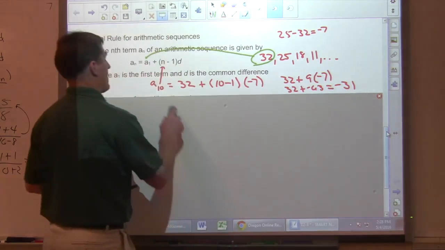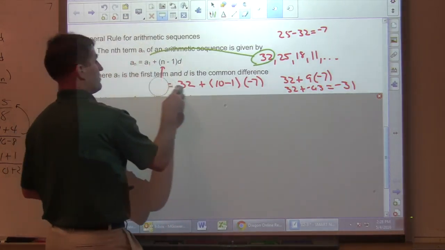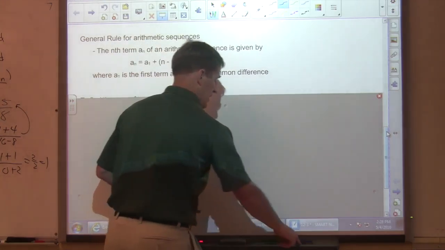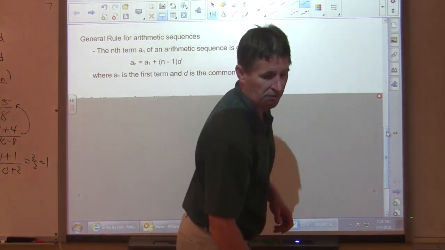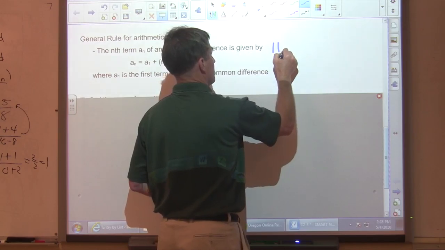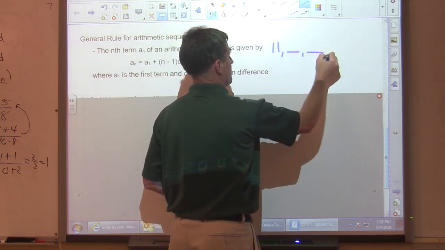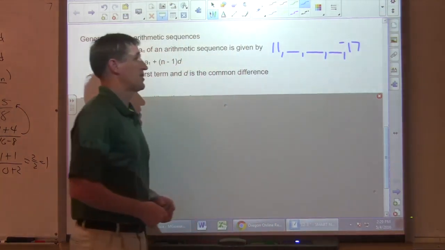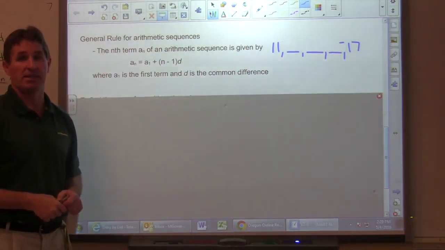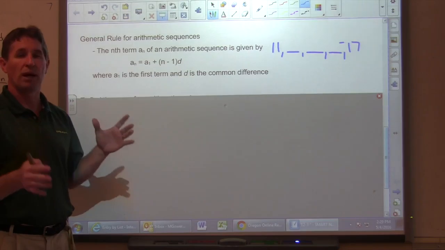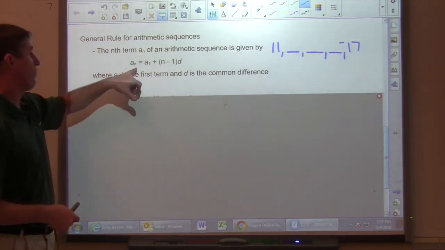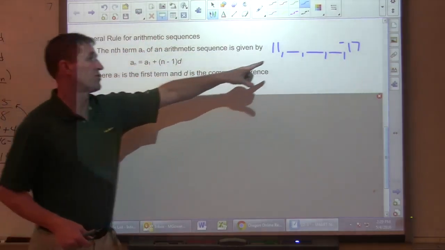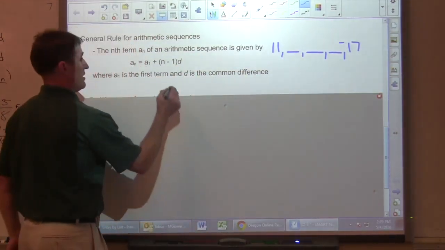So now, how can they make it a little more difficult? Another thing they'll do is they'll give you this information, and they'll ask you to fill in the missing spaces. Okay, and there's ways you can do it, but using the formula, our a sub n, remember your a sub n is how far out you're going, so we're going to negative 17.